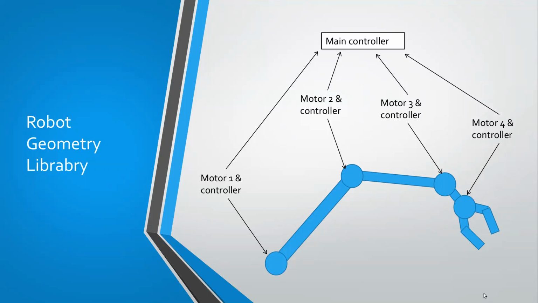It has a main controller which controls all the commands, and then there's a separate controller to control each motor. This controller can be something like an Arduino or an STM32, or there are special chips for robotics that have current control and voltage control abilities.